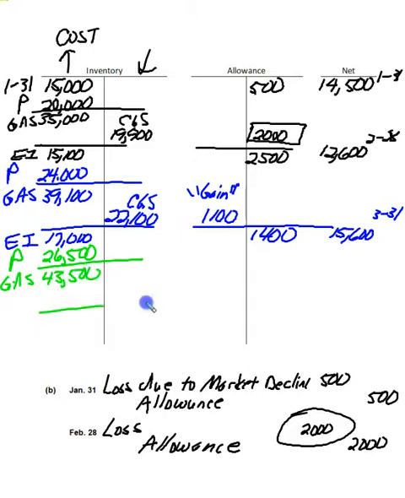The problem also gives us ending inventory at the end of April to be $13,000. So I can solve for cost of goods sold to be something like 30,500.